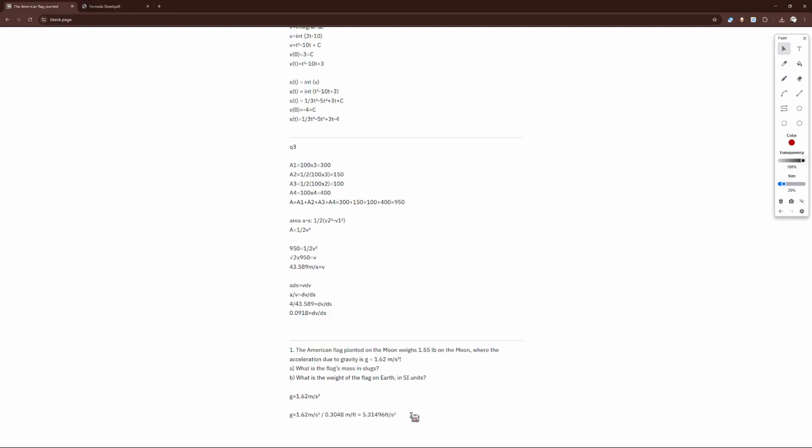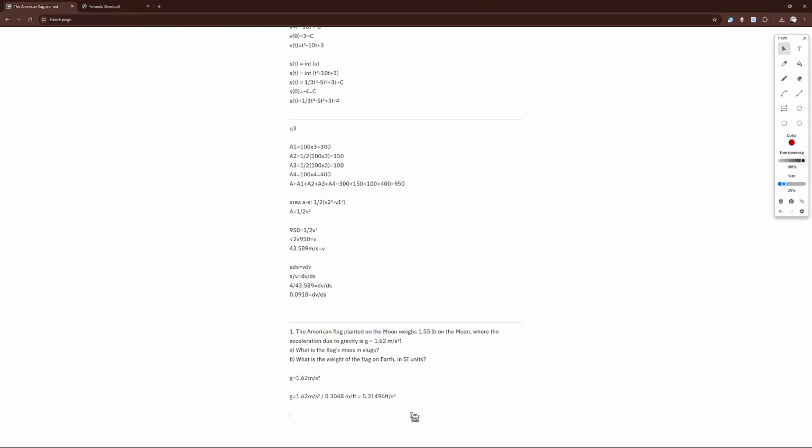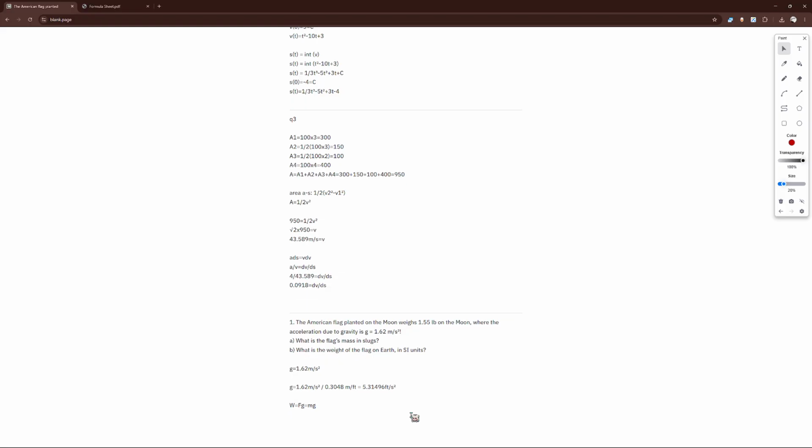Yeah. And then the weight, you should know weight is also equal to force of gravity, which is equal to mg, mass times gravity, right? So we have our weight, 1.55. We're looking for the mass in slugs, by the way. So 1.55 pounds is equal to m times our g right here, 5.31496. I'm going to shorten this.